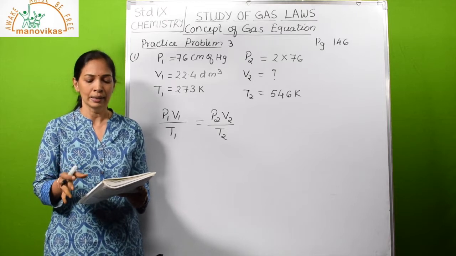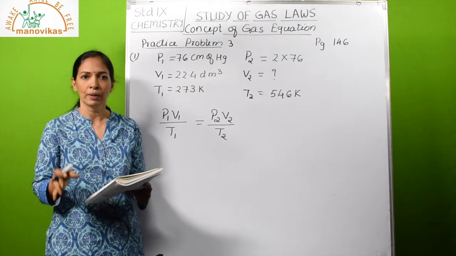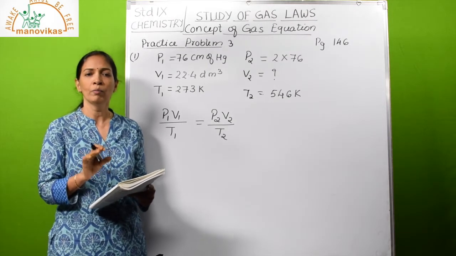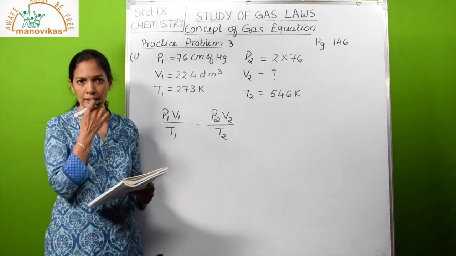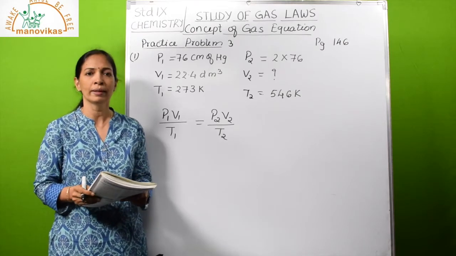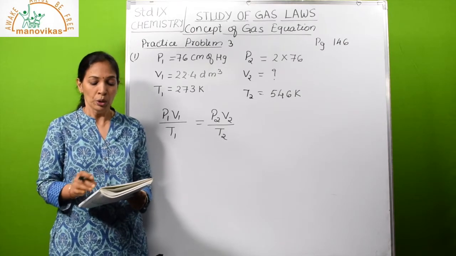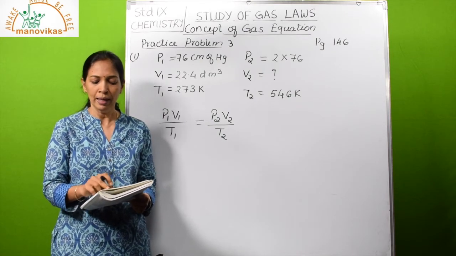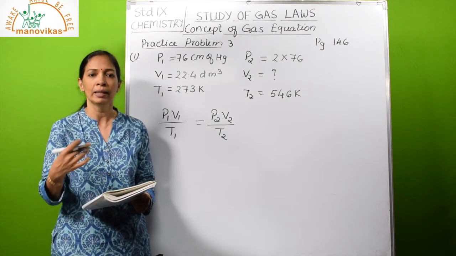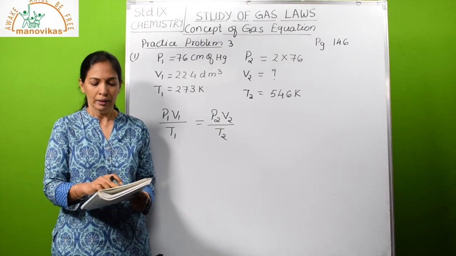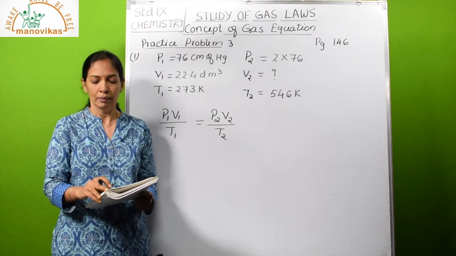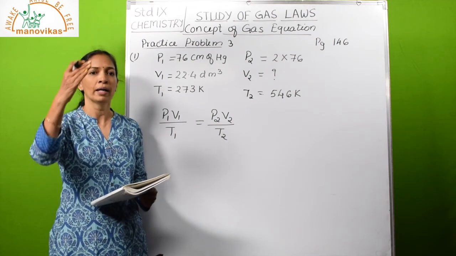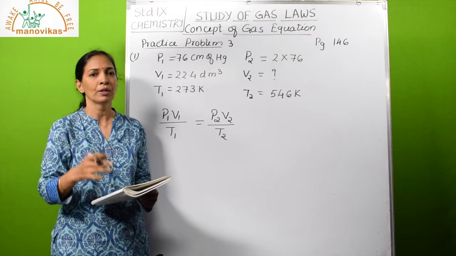Initially, gas at STP, standard temperature and pressure, occupies volume 22.4. This is standard. 1 mole of any gas occupies 22.4 decimeter cube at standard temperature and pressure. So these are the initial values. The final values are what? You have to find final volume when the temperature is increased from 273 to 546, and pressure doubled.